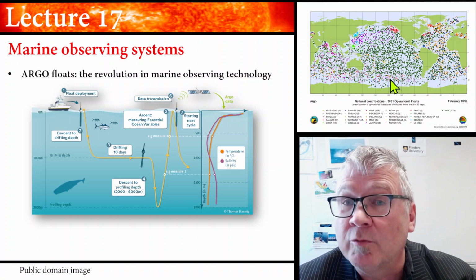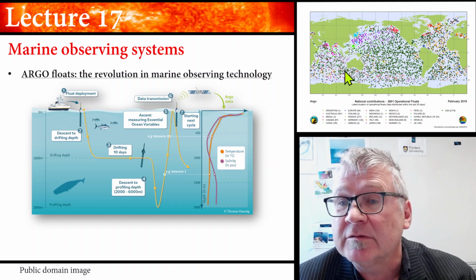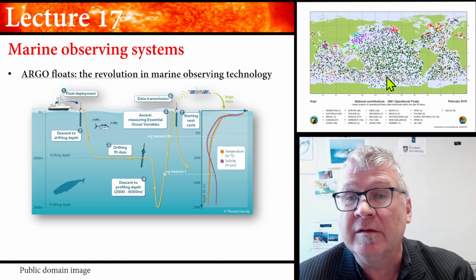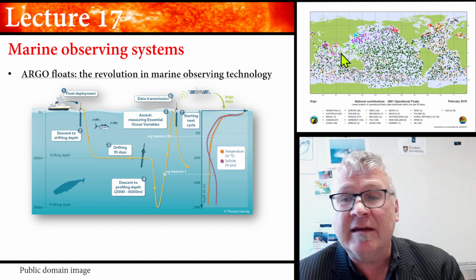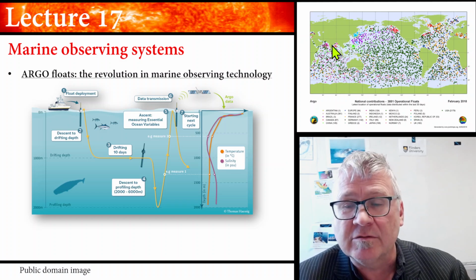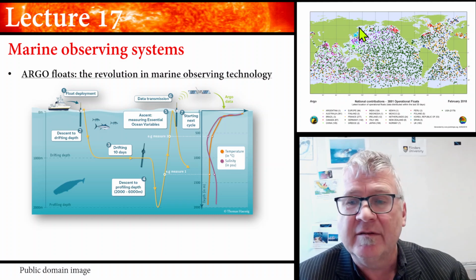Okay, so this would not be possible with ships, you know, having this coverage. Okay, and they can be in the water for a year or two, you know, and then they are maintained and exchanged and stuff. You know, you don't lose these floats. Okay, they will be collected after some time.